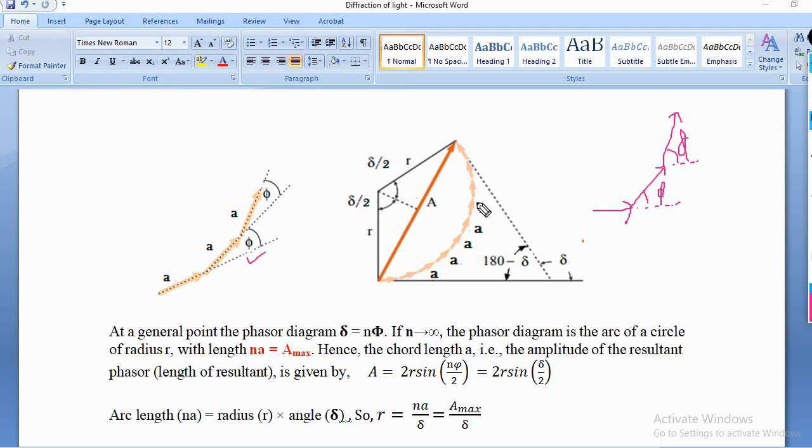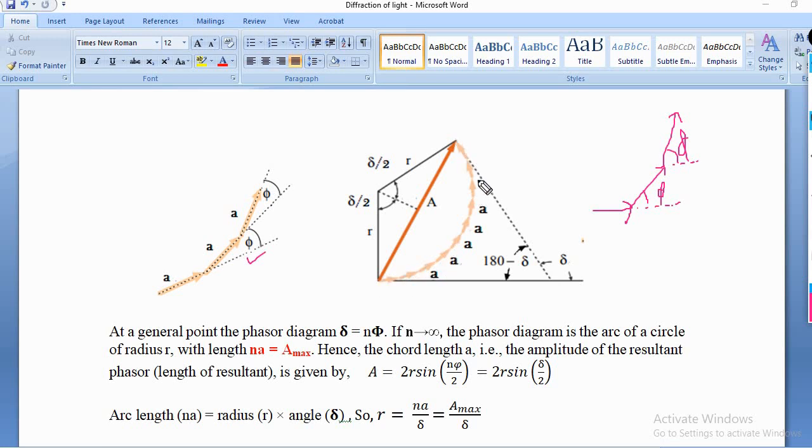So this is changing. Just for simplicity, consider we have n number of waves, and they have a phase difference of phi. If you keep on adding all of them, at a particular point in a very generalized form, the shape of the vectors will be given by this.